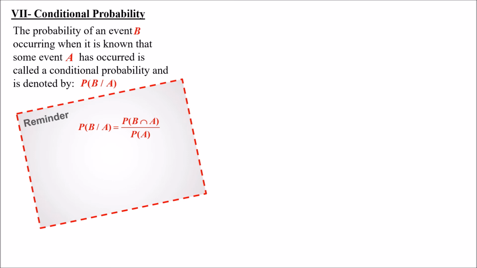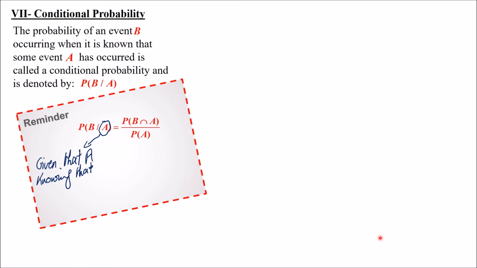Therefore, if we say P of B slash A, then in other words we are saying given that A occurs, or knowing that A occurs. So the event under the slash stands for given that or knowing that A.